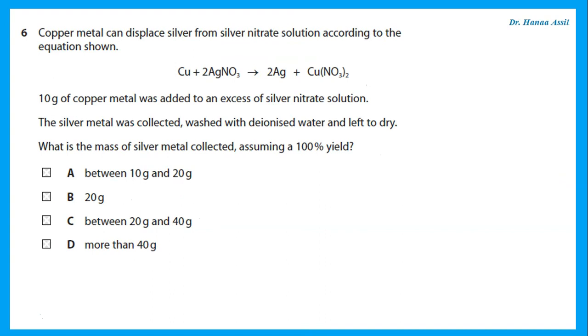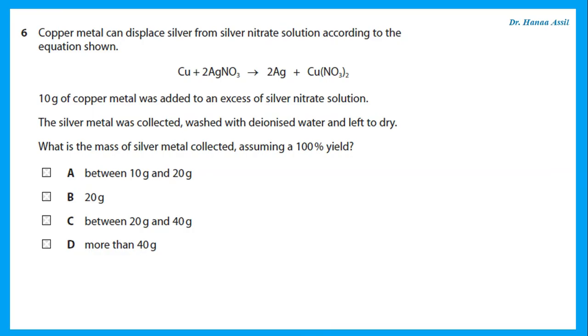Copper metal can displace silver from silver nitrate according to this equation. 10 grams of copper metal were added to an excess of silver nitrate. The silver metal was collected, washed with deionized water, left to dry. What is the mass of silver collected, assuming a 100% yield?